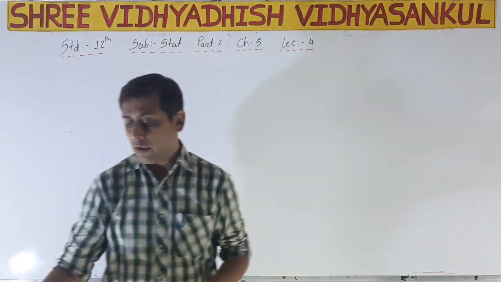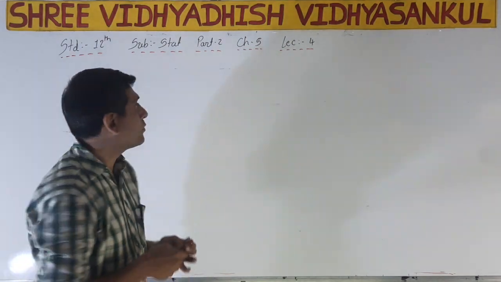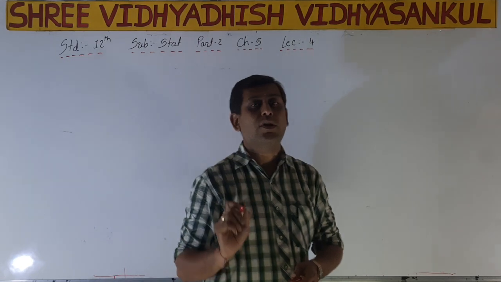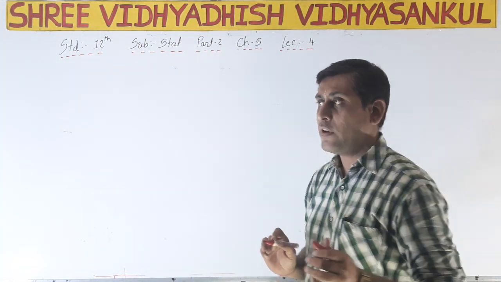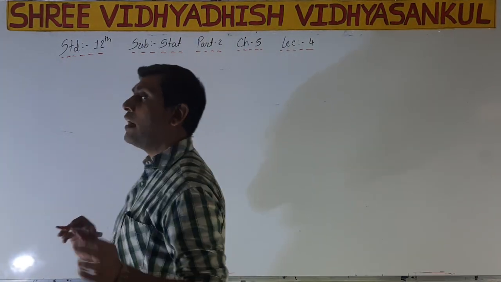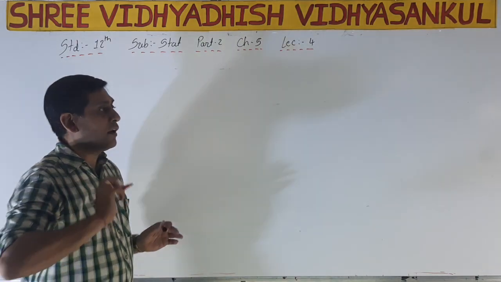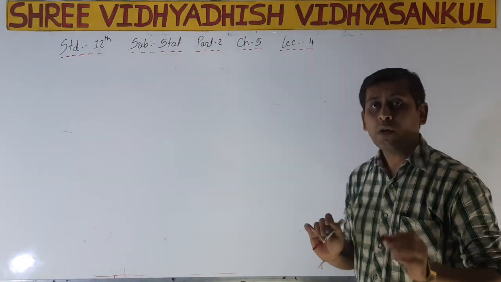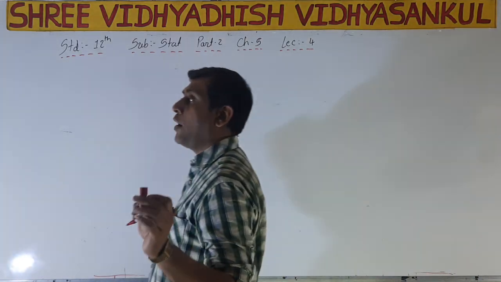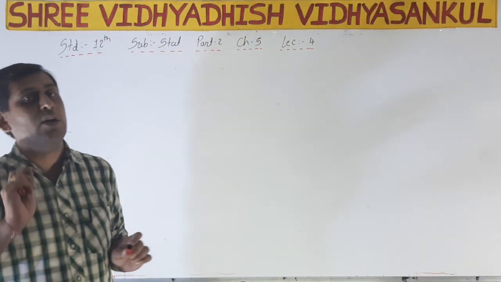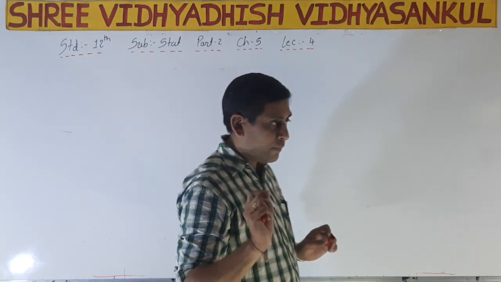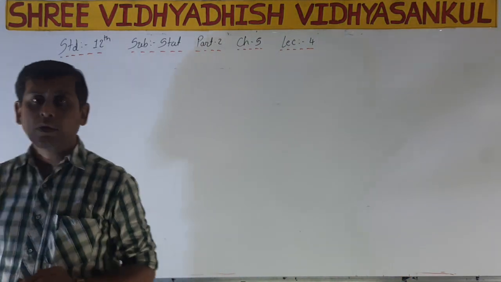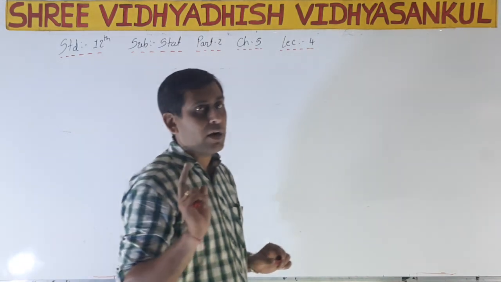We showed the first method, that is differentiation by definition, or we can say derivative by definition. And in the next method we showed that if y is equal to x raised to n, then dy by dx is equal to n into x raised to n minus 1, and if y is equal to constant, then dy by dx is equal to 0. That is your method number 2.